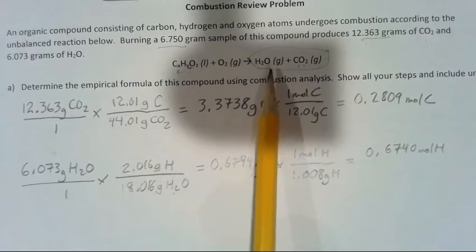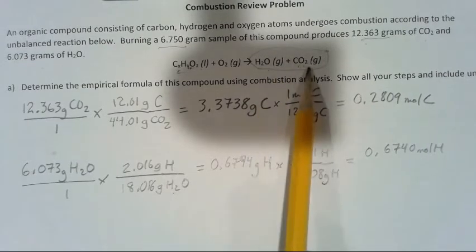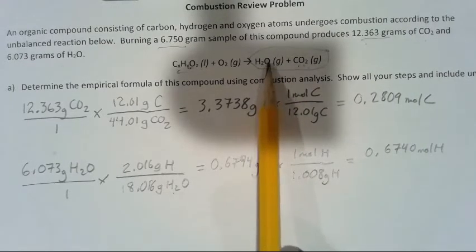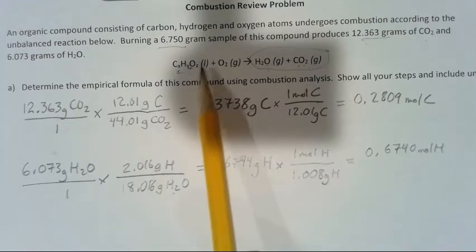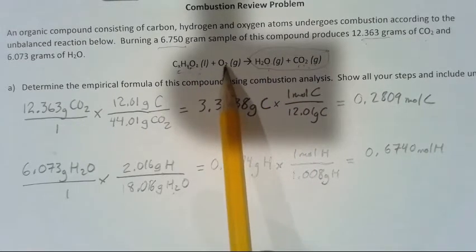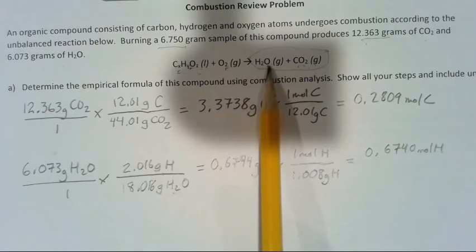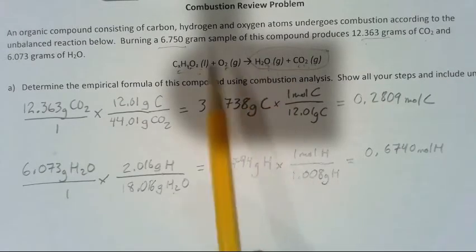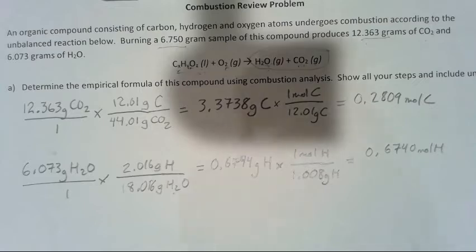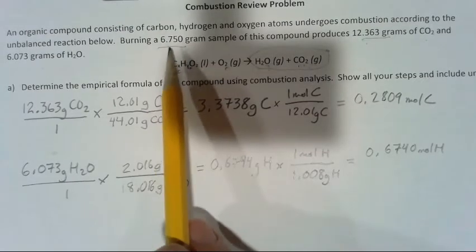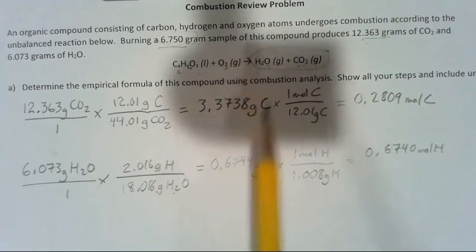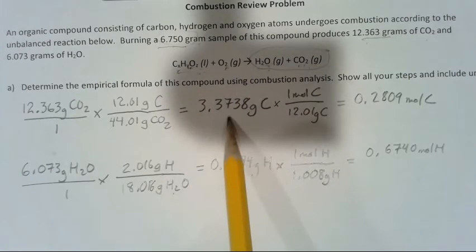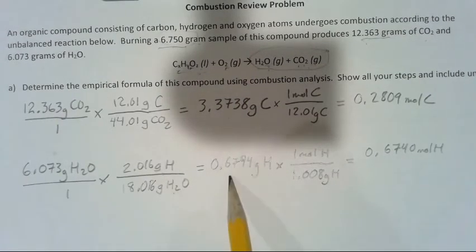Now what about the oxygen? Now the oxygen, we can't do the same trick, because the oxygen in these products could have come from the hydrocarbon, but more likely it came from the oxygen that we used for the combustion. So we can't necessarily say that these oxygens came from here, but what we can do is say, look, if we know that the sample was 6.750 grams, of that 6.750 grams, we had this much carbon and this much hydrogen.